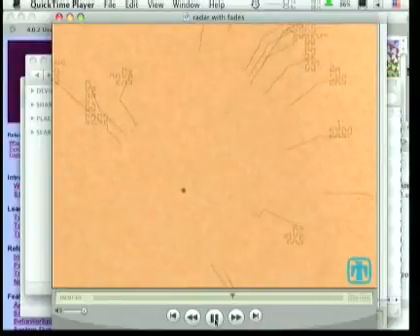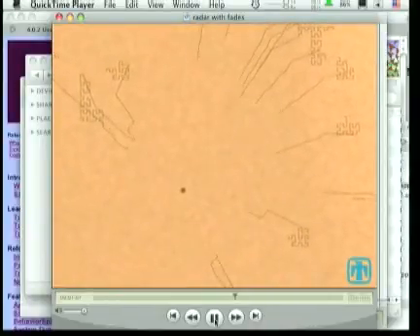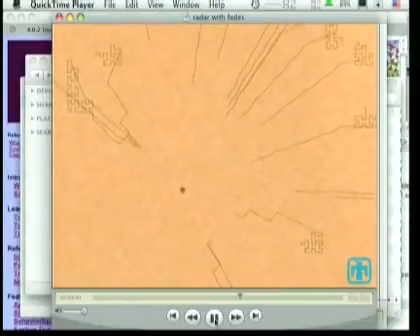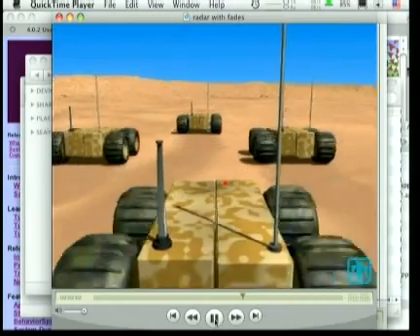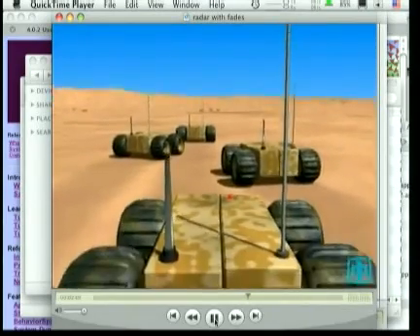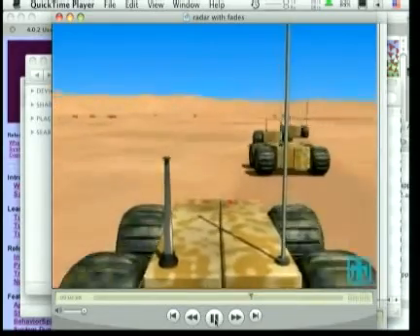So the dot near the center of the screen is the plume that they're after. And you can see they're headed toward it, but not directly, because they're still following the alpha-beta algorithm. Whichever robot has the strongest sensation at any given time essentially stands still and the other robots follow it.